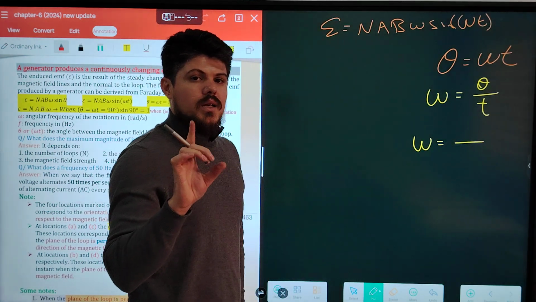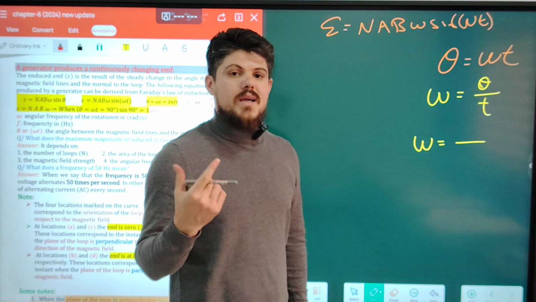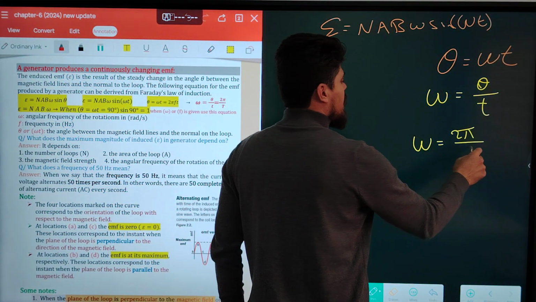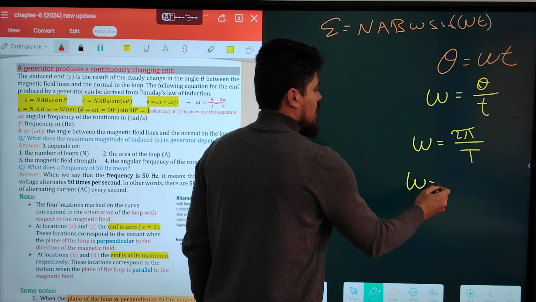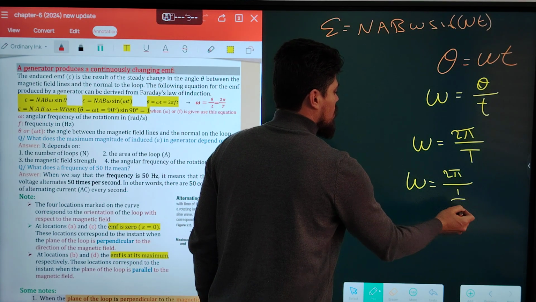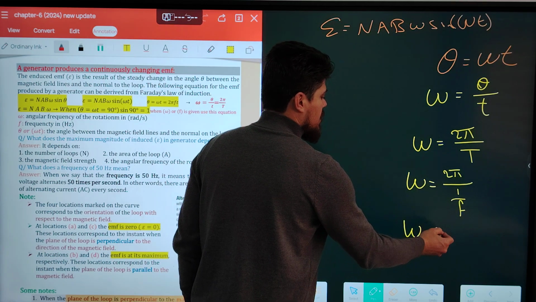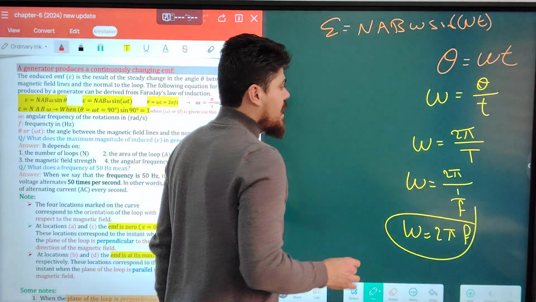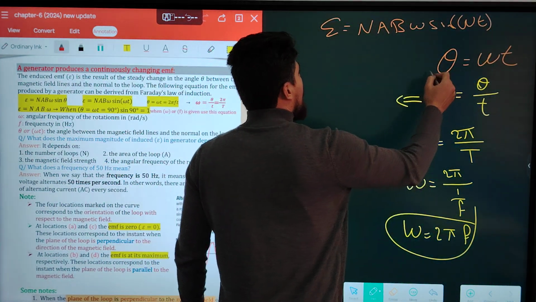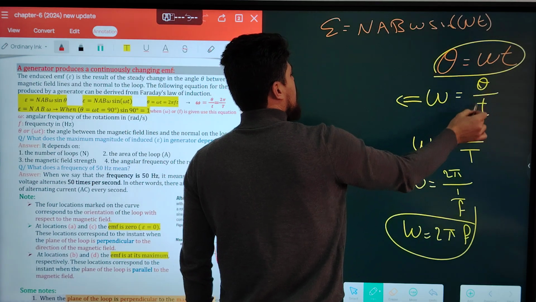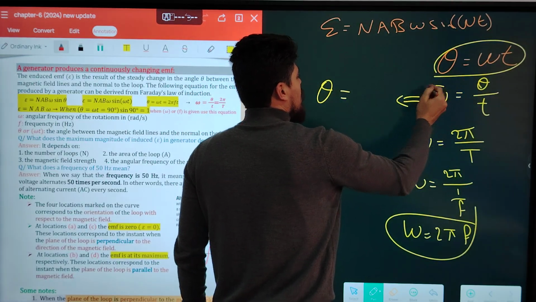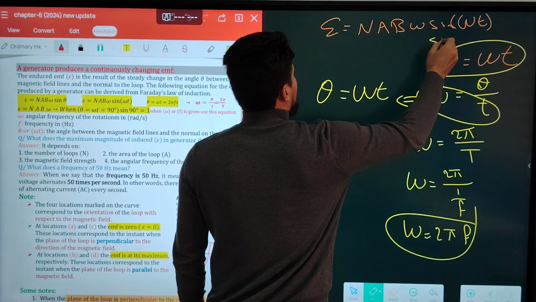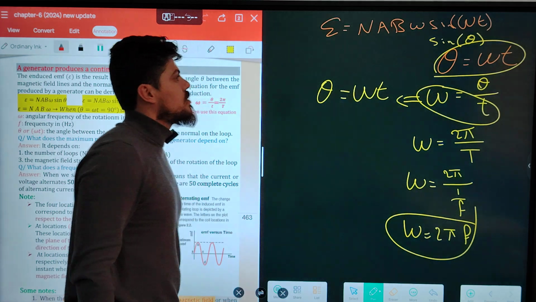For one complete cycle, theta is 2 pi. The period for one cycle is T, and T is 1 over f, so omega is 2 pi f. At the same time, omega is theta over t, so theta is omega times t. Instead of sine omega t, can we write sine theta? Yes, absolutely.